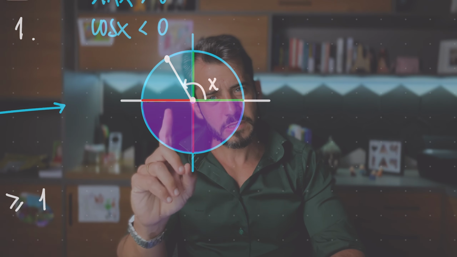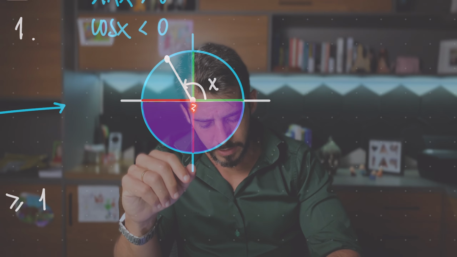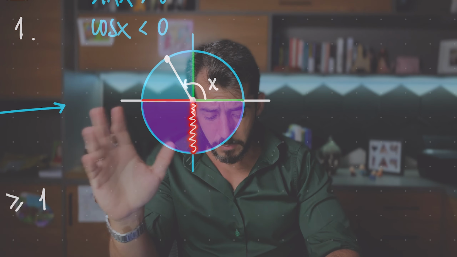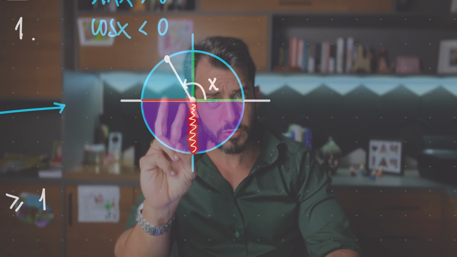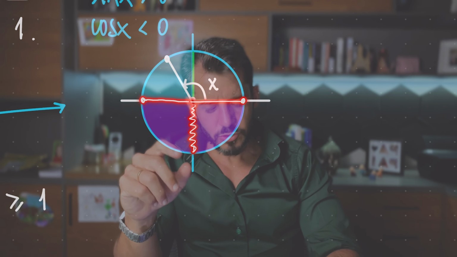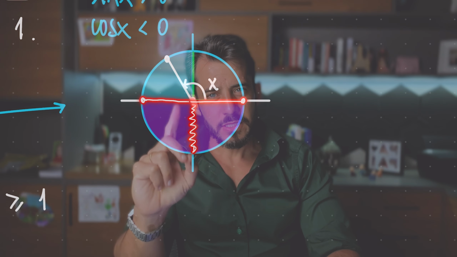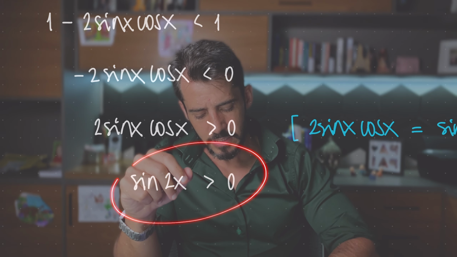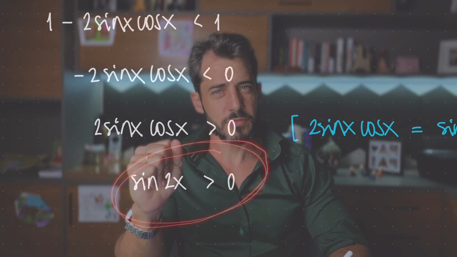Now, do notice that in between pi and 2 pi, the sine is negative for every possible value except for exactly pi and exactly 2 pi, where it is 0. So sine of 2x is either 0 or negative. And what we're saying here is that sine of 2x is positive, which is a contradiction.